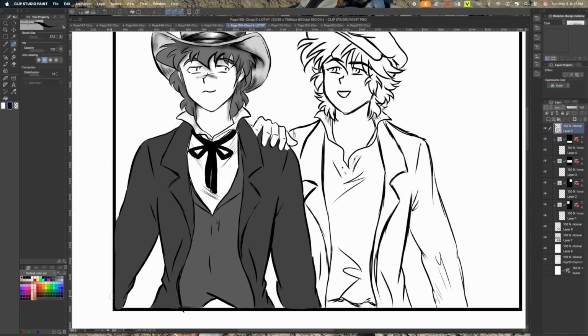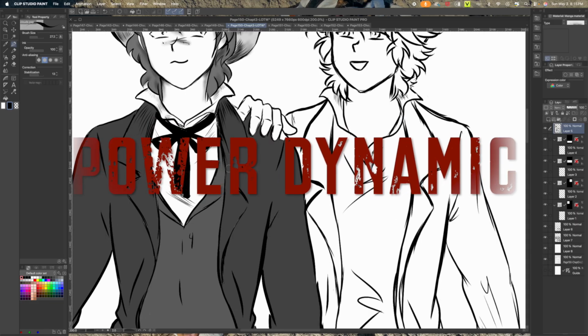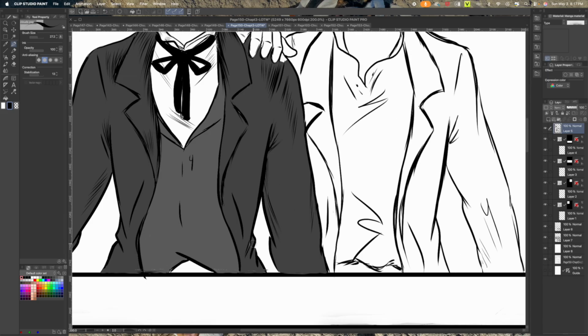Another tip is to shift the power dynamic. To make an old story feel new, flip the original relationship. For example, in the books, Huck followed Tom. Tom was the leader.